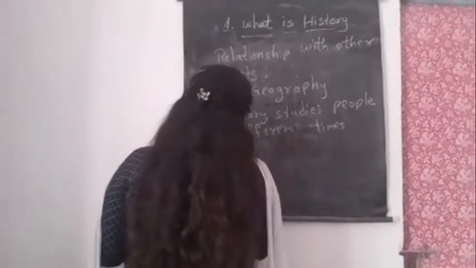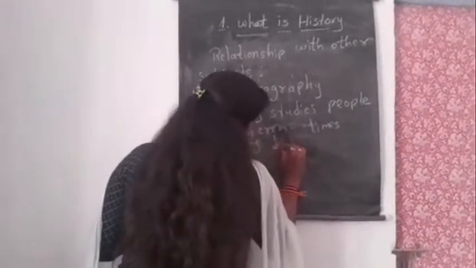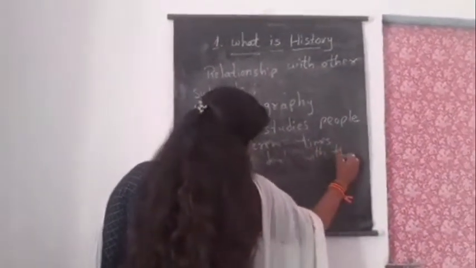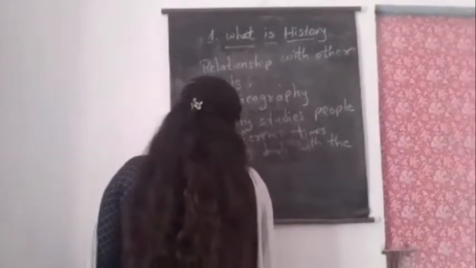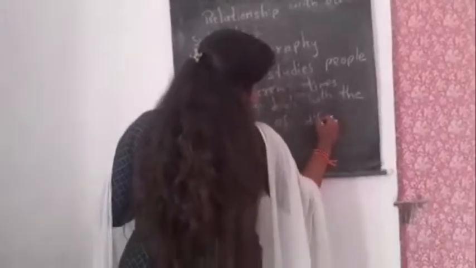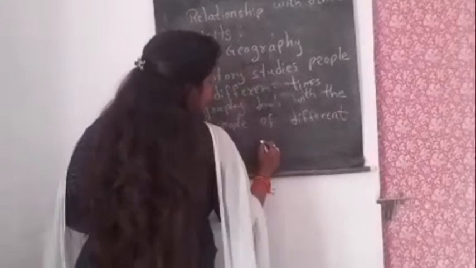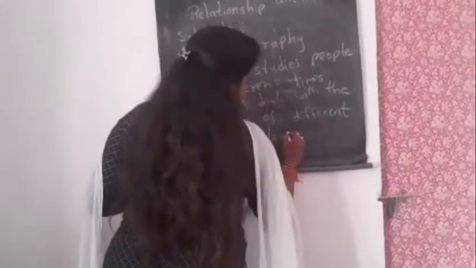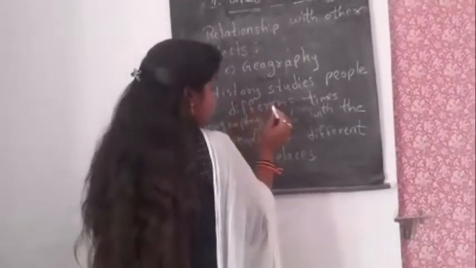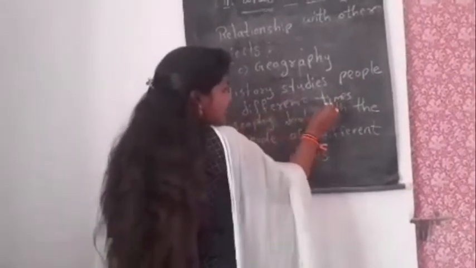Geography deals with the people of different places. What does geography say in history? What is the relationship between history and geography? History studies people of different times.